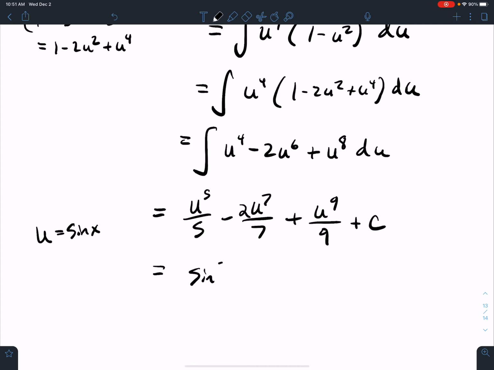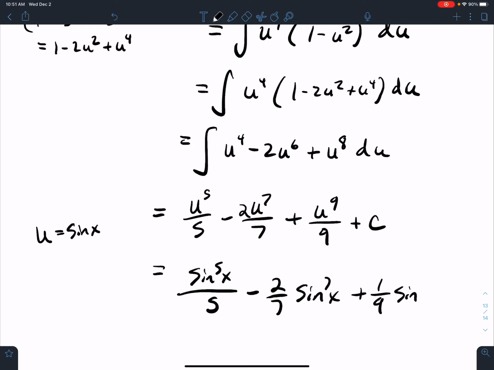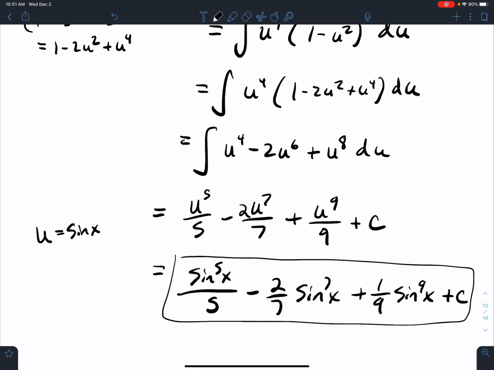So that's sine to the fifth x over 5 minus 2/7 sine to the seventh x plus 1 over 9 sine to the ninth x plus c. Okay? So I don't care if you write your fraction out front or if you put the whole thing divided by 5, whatever. I wrote it both ways so that you would hopefully feel comfortable putting it either way, whichever one floats your goat, so they say.